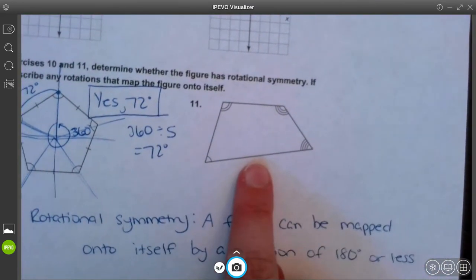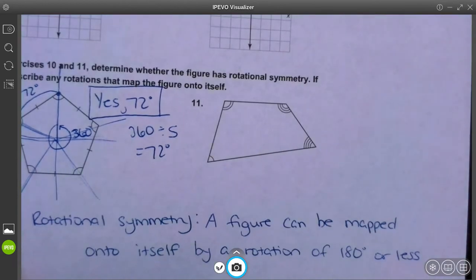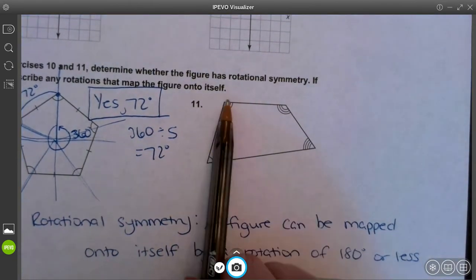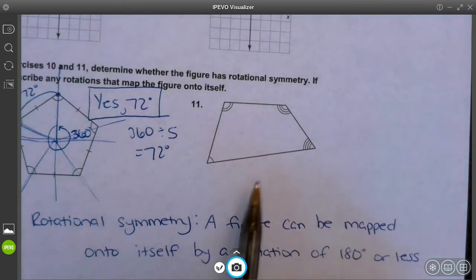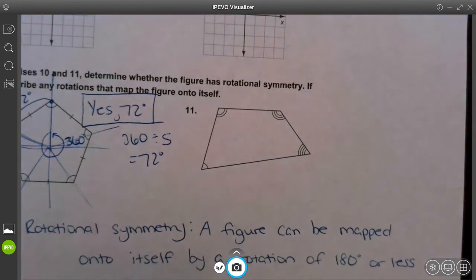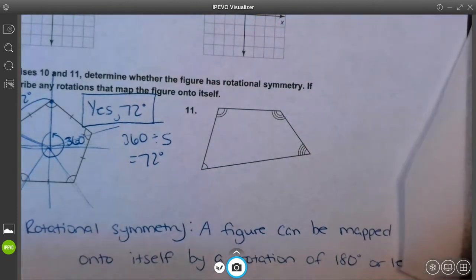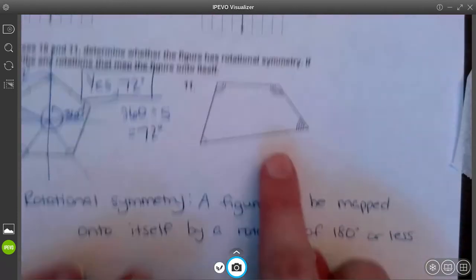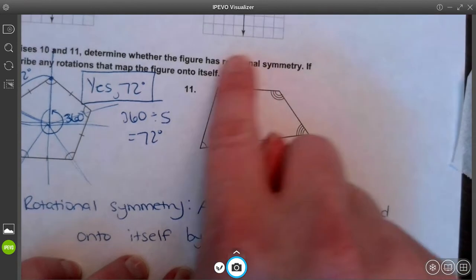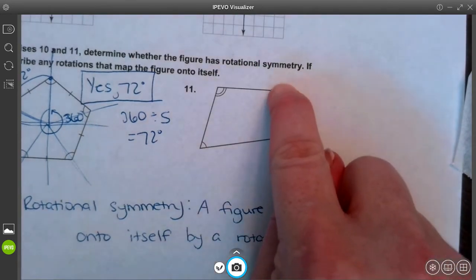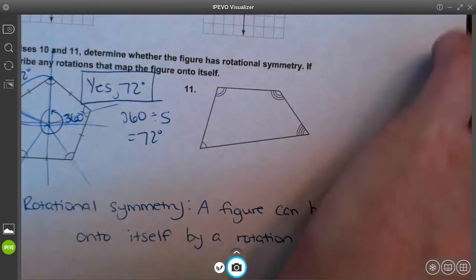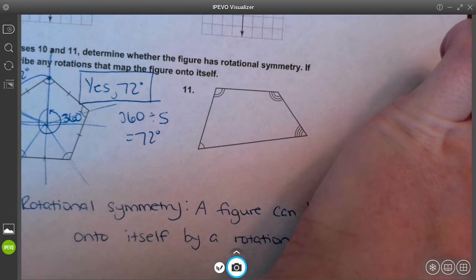In number 11, I want to determine if this figure has rotational symmetry. Notice how all of these angles are different measures in this quadrilateral. So what that means is, in order for this to map back onto itself, I would have to rotate this all the way around 360 degrees until it matched back onto itself.